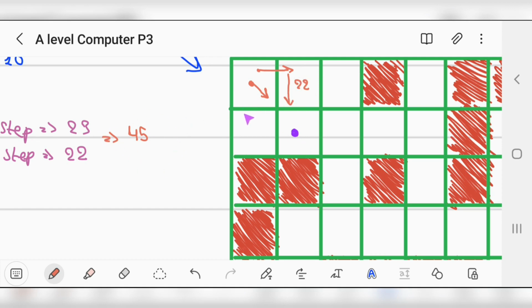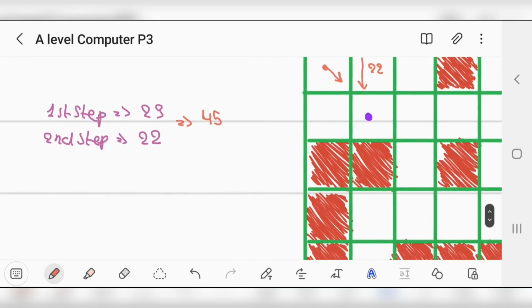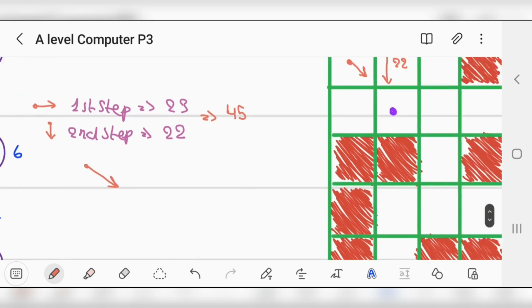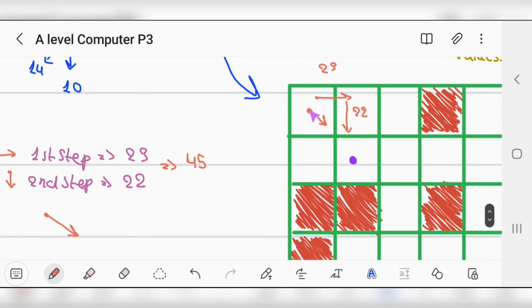Now what happens if I just go from here to here diagonally, directly? In the first it was right and then it was down. What would have been the value if, supposing I was in here, I just go from here to here?